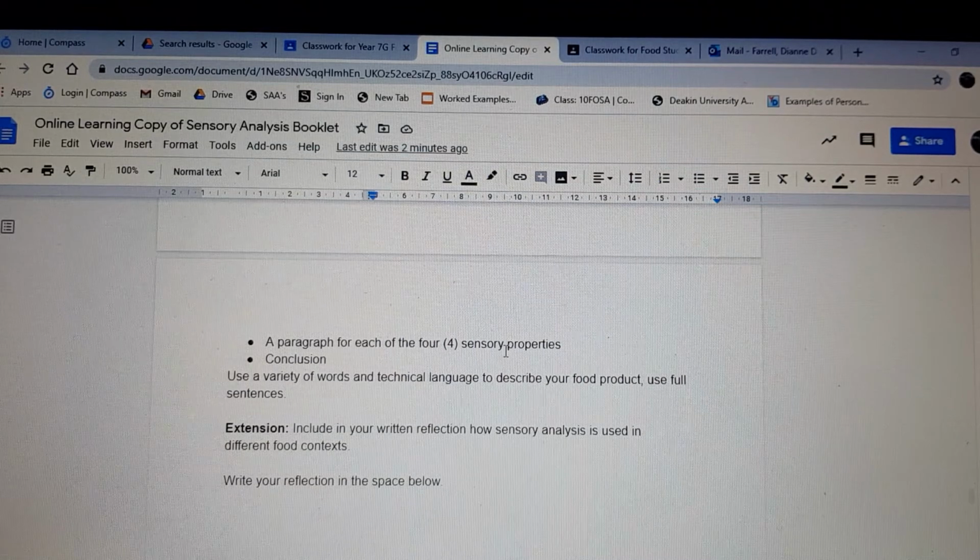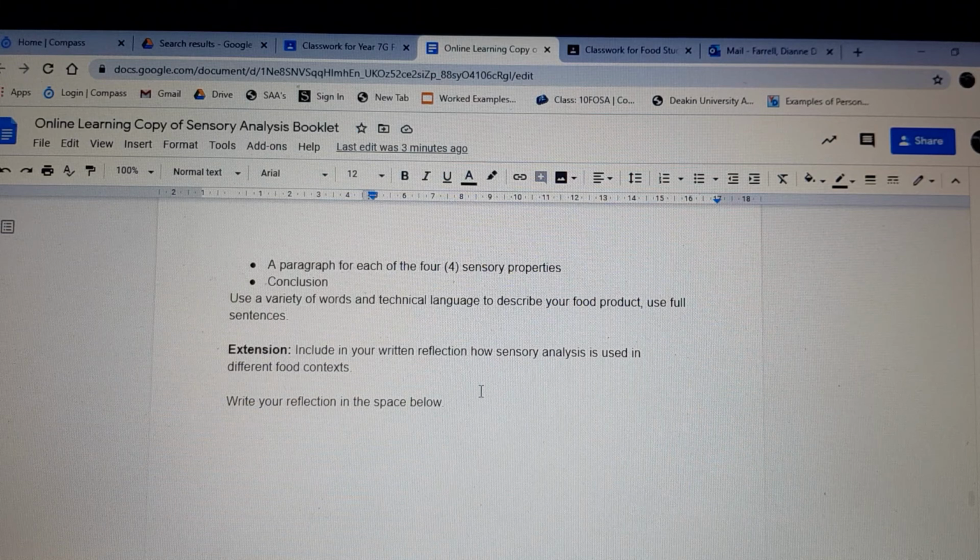Okay, so that is appearance, aroma, taste, and texture. Okay, and a conclusion. Use a variety of words and technical language to describe your food product. Use full sentences.